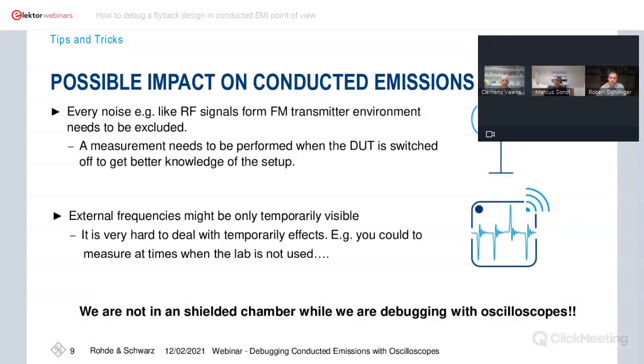And this is only temporarily available, so it is more difficult to overcome this problem. But that happens in an open lab condition, and the message is basically you are not in a shielded chamber, and that's why you always have to consider some emissions in your setup can be caused by other sources.